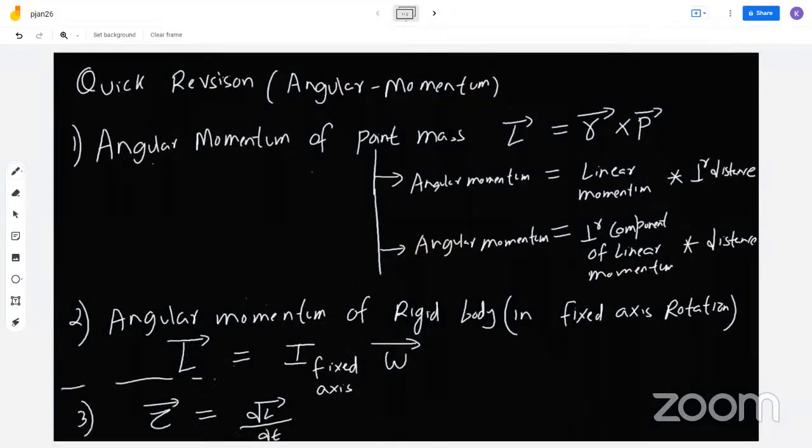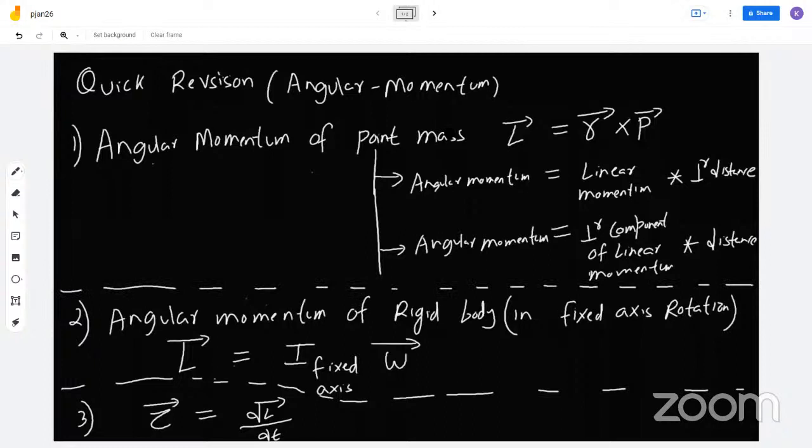Now torque is dL by dt. From this we derived the angular impulse, angular momentum theorem.